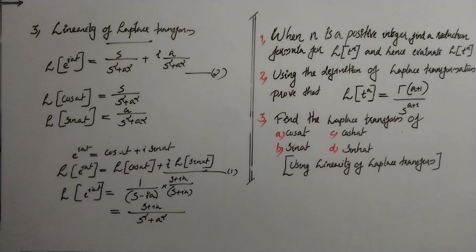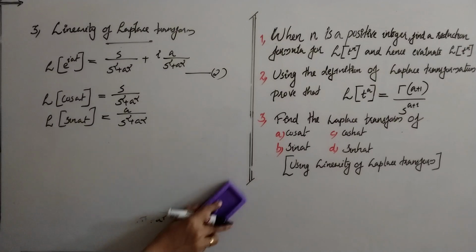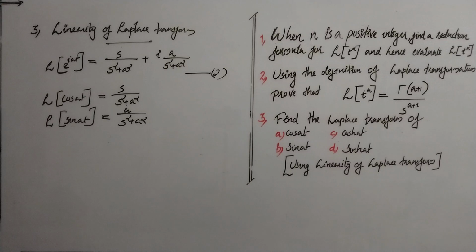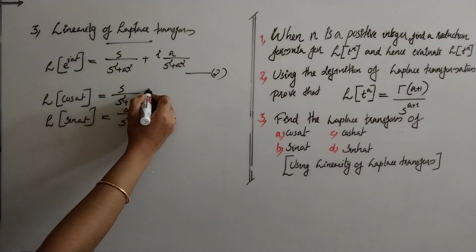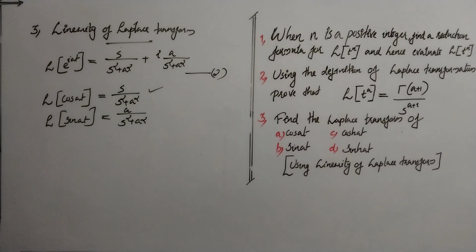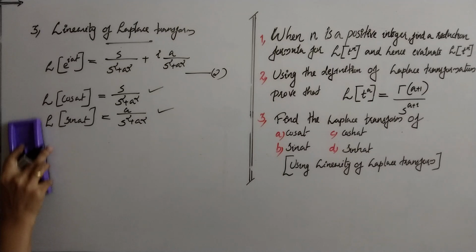Just equate the real and imaginary parts of equation 1 and equation 2. We get Laplace transform of cos at is equal to s divided by s square plus a square, and Laplace transform of sin at is equal to a divided by s square plus a square.